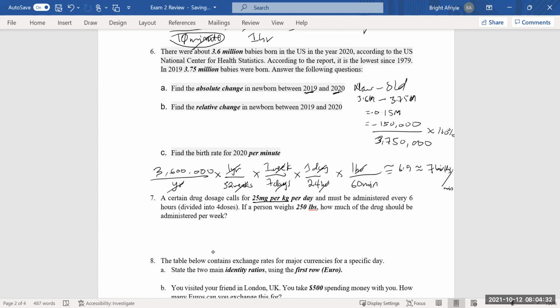Now I'm going to focus here first. So what this means is that 25 milligrams per kilogram. And since we know that medication is administered based on the weight of the person, what this means is if the person weighs 1 kilogram, give 25 milligrams of the medication to the person per day.